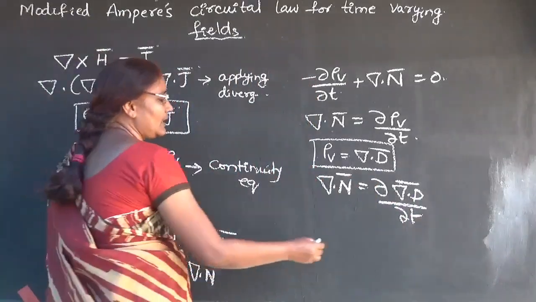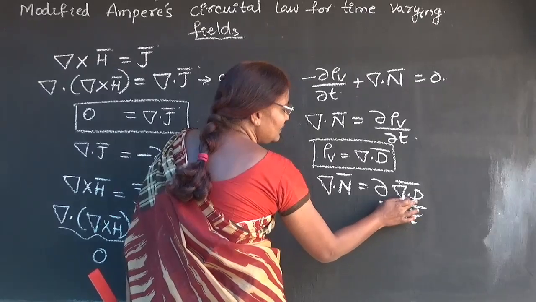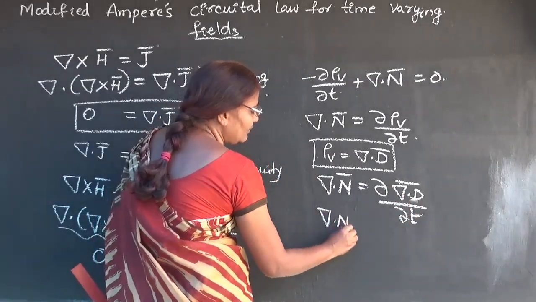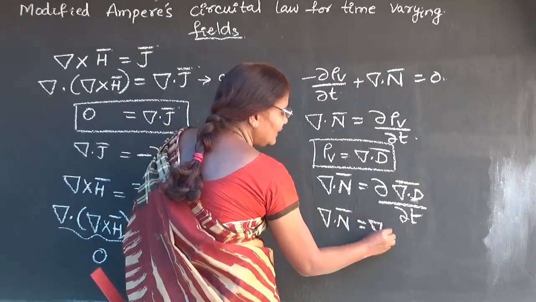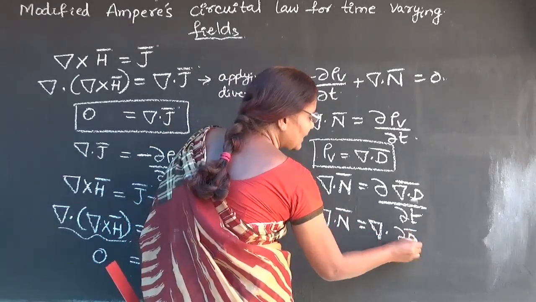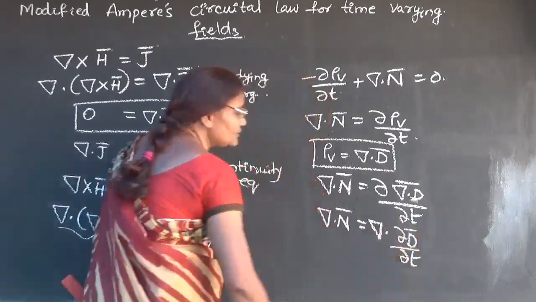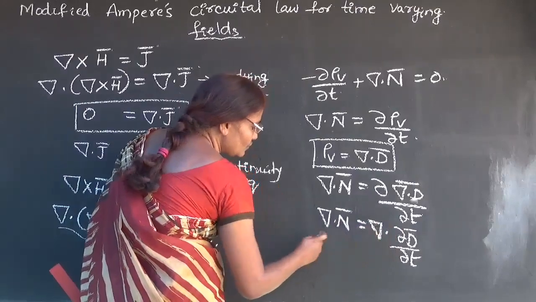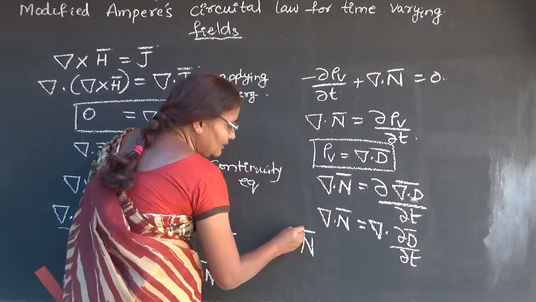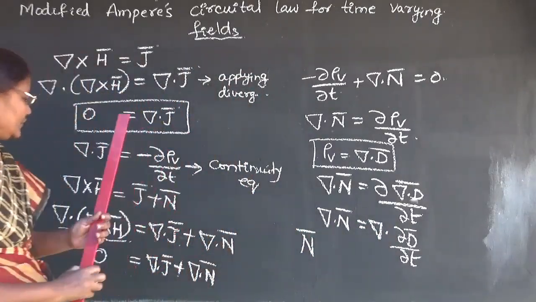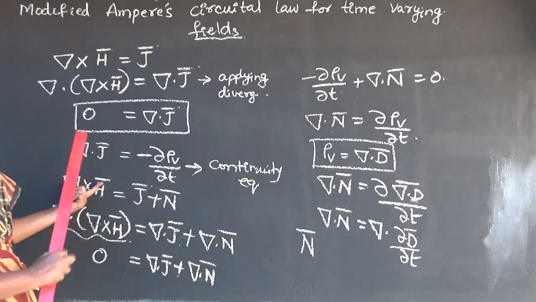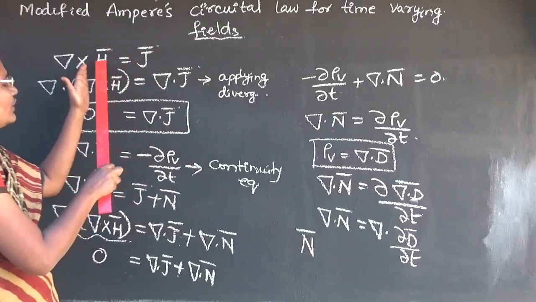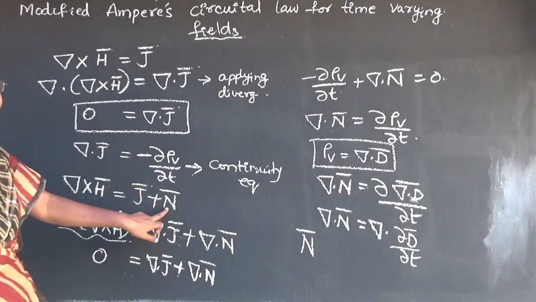Now I will simply change the positions: del dot N bar is equal to del dot of dou D bar by dou t. By comparing these two, I will get N bar, the new quantity added to the steady magnetic field Ampere circuit law. To modify this law, we have added one N bar here.